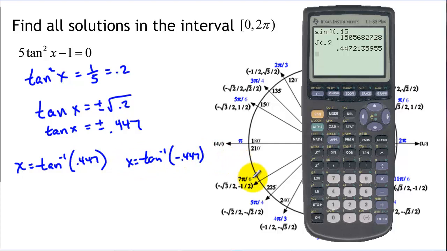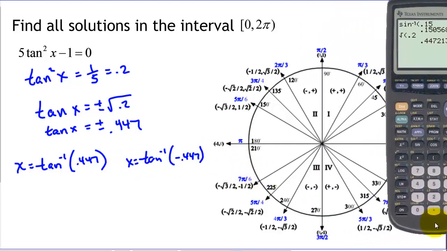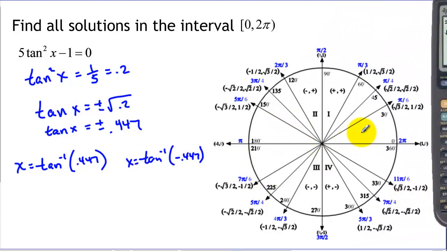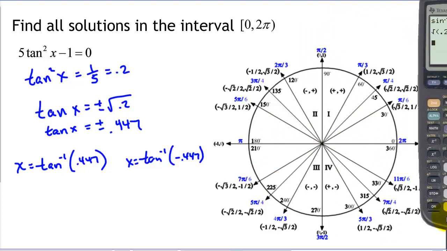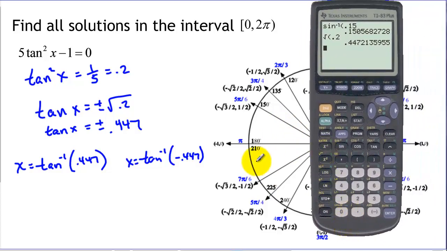Now, we can see here on the positive and negative tans that we had the same reference angle. So to get the reference angle, we really need to find one solution here. So I'm just going to do this one. So my reference angle is 0.42.